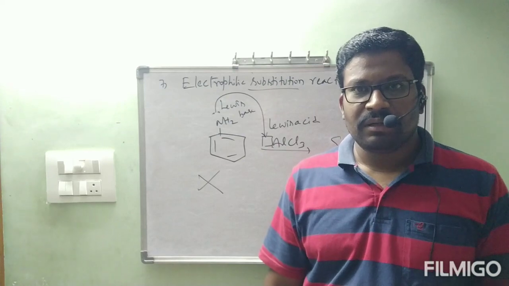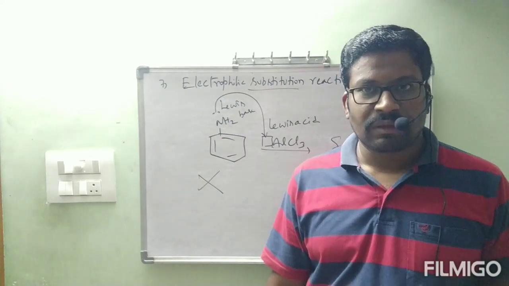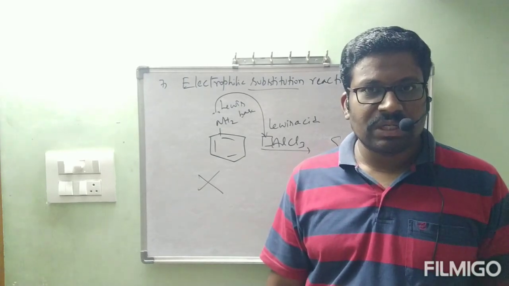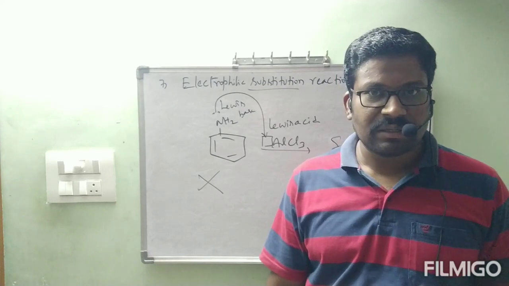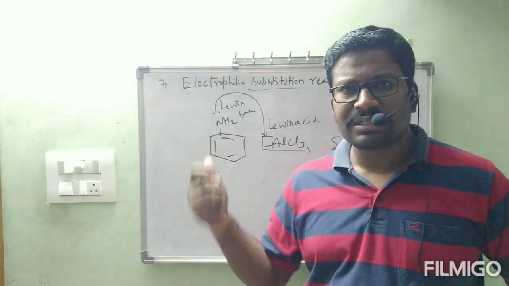Next, the fifth one: reaction with Hinsberg reagent, which is used to distinguish primary, secondary and tertiary amines. Sixth one, electrophilic substitution reactions.